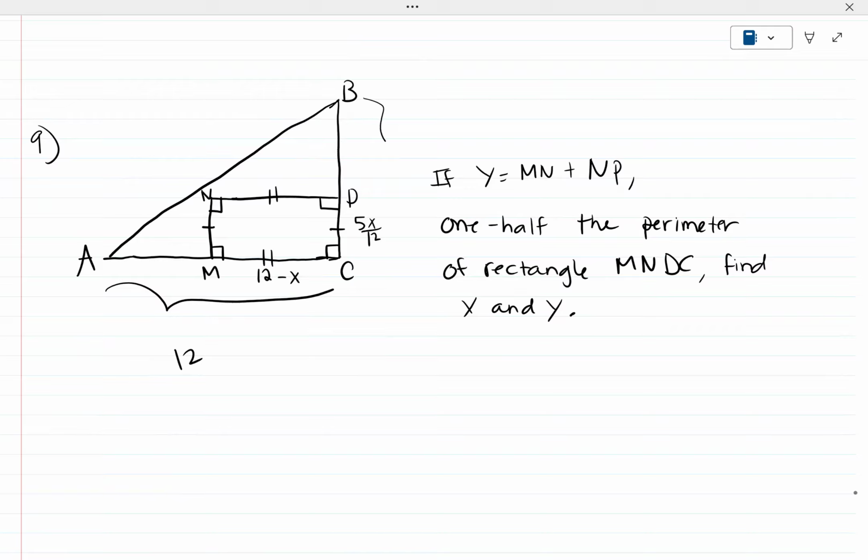Yeah, this was given from length segment BC, that's 5. Okay, so how is this going to help?